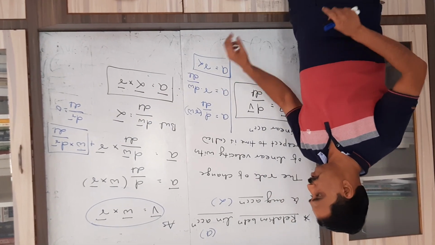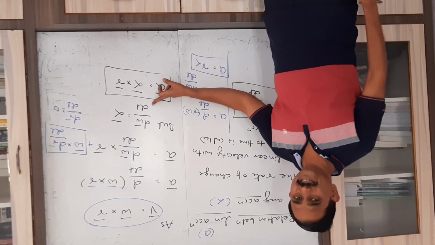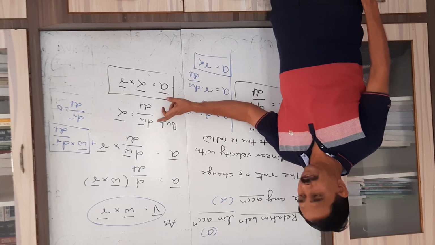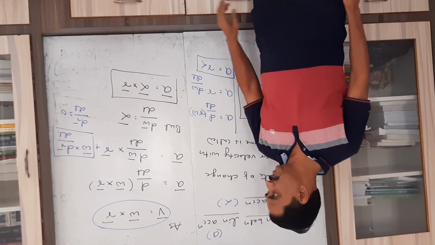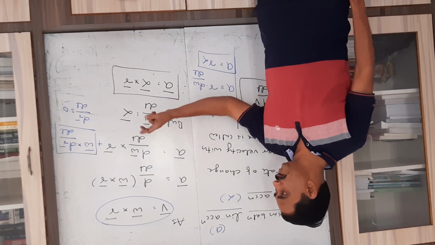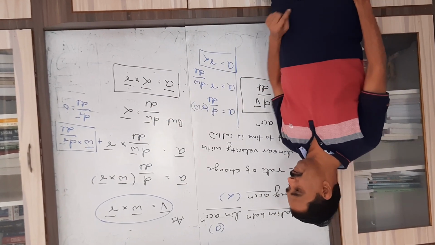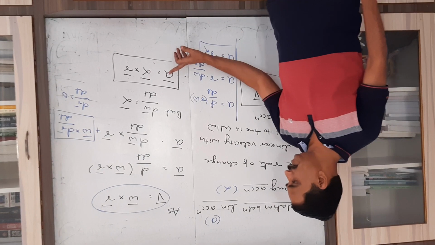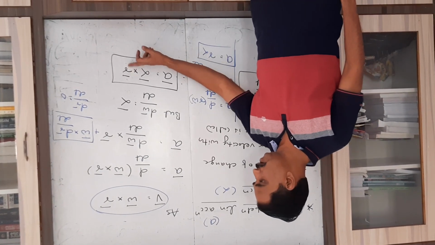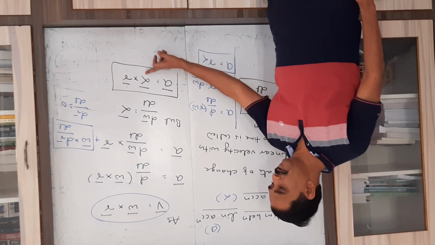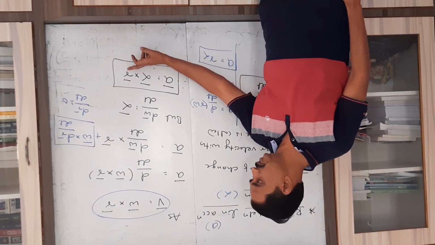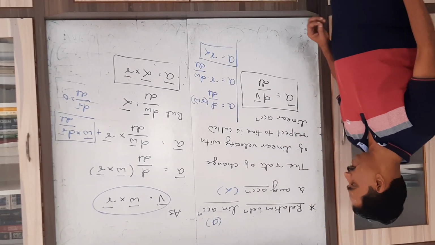Now I put the value of d omega by dt. The rate of change of angular velocity with respect to time is called angular acceleration. So instead of d omega by dt, I write alpha. So we get the relation a equal to alpha cross r, where a is the linear acceleration, alpha is the angular acceleration, and r is obviously the radius vector.